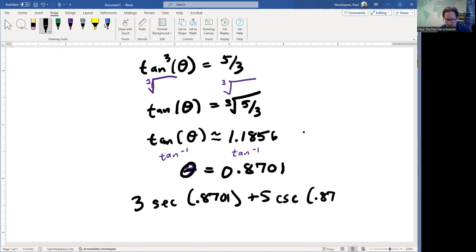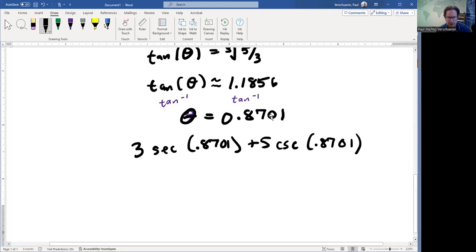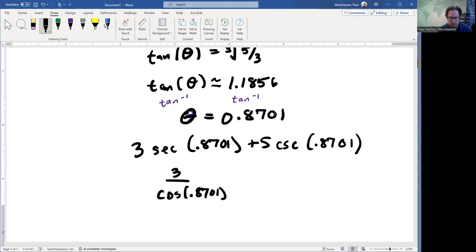And my calculator may have secant and cosecant buried somewhere, but for me, I would call this instead 3 over cosine of 0.8701 plus 5 over, I'm sorry, not cosecant, sine of 0.8701.